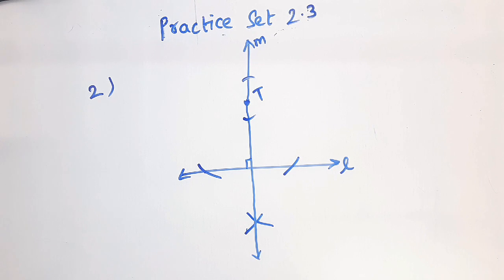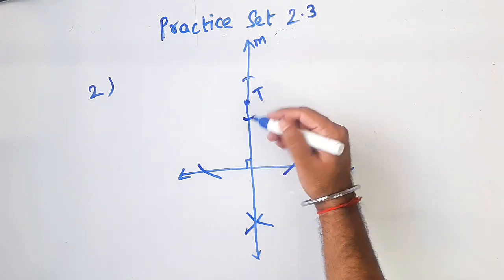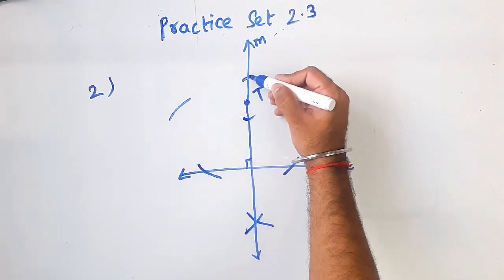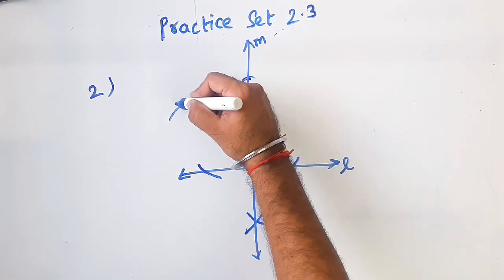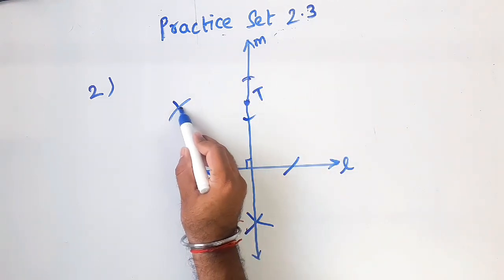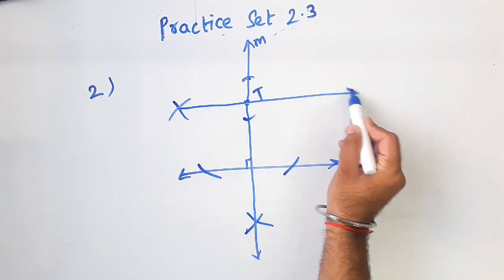That can be 1 centimeter or 0.5 centimeter, anything very small, no need to measure it. Now extend this and draw the arc. From here I have drawn the arc. Place the rounder here and draw the arc without changing the radius. Don't change it.